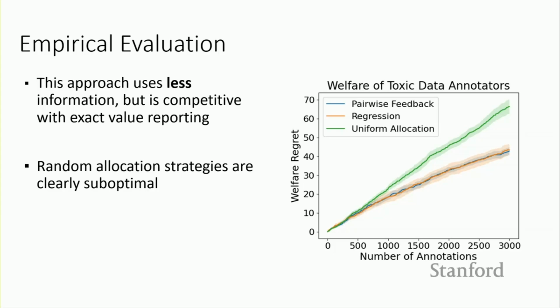Another is usually uniform across the set of stakeholders. And we show that using the pairwise feedback uses much less information and is better in terms of overall regret. So this gap from the best possible allocation to predicted allocation is much lower than, say, a uniform allocation, one that doesn't take individual values into account.